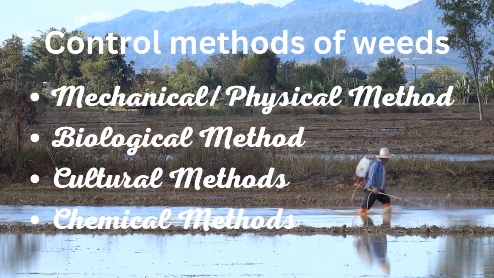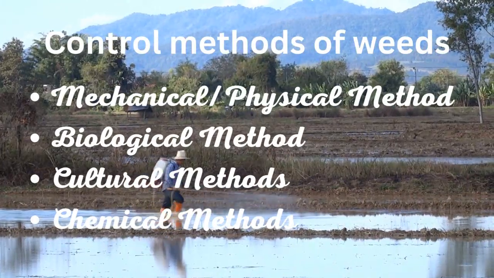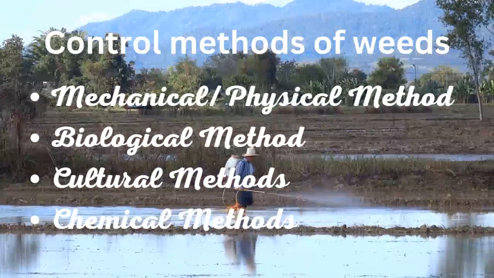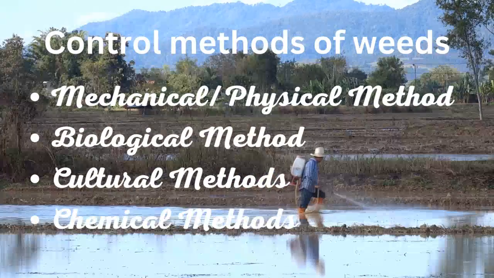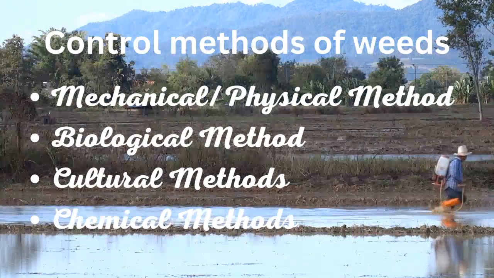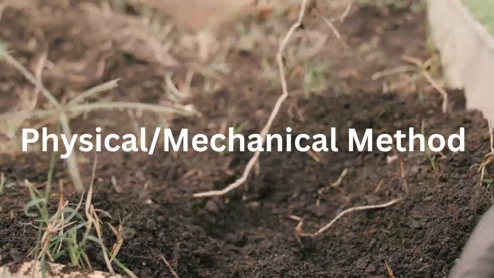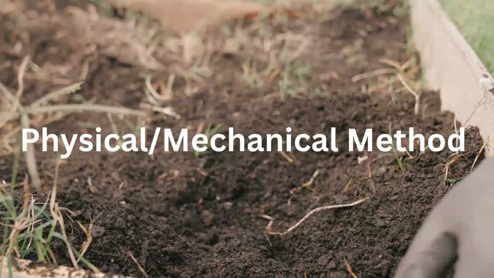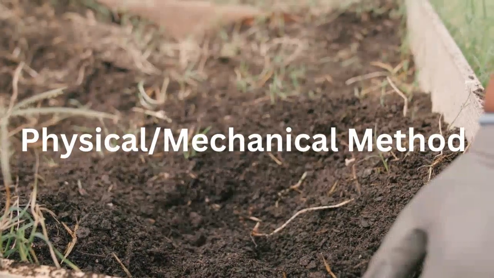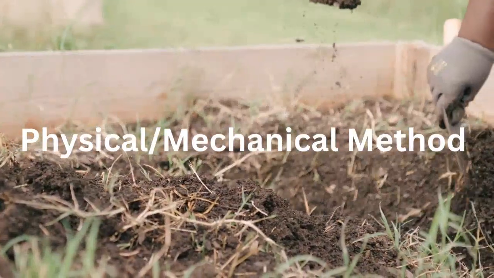Now, control methods of weeds. We have about 4 basic methods of controlling weeds. The first one here is the mechanical method, which is also the physical method. Then the next one is the biological method, the cultural method, and lastly the chemical method. Now, the physical method is also referred to as the mechanical method, like I said, and it involves the use of machines in removing weeds.